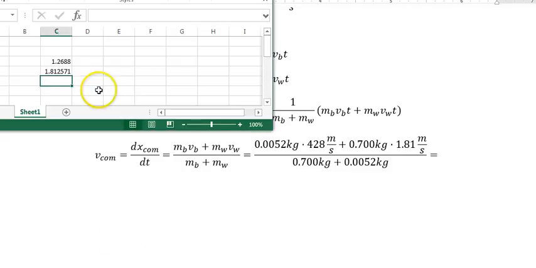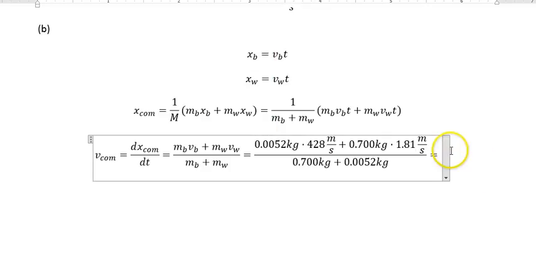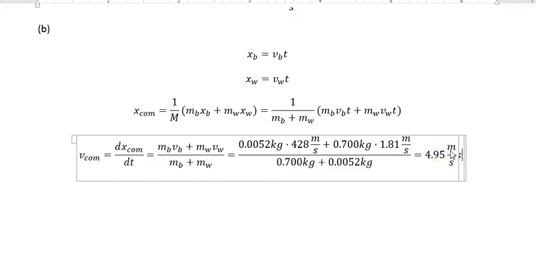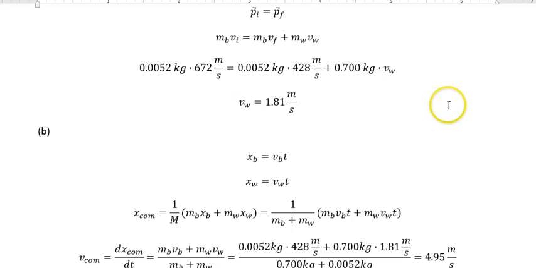All right, let's figure this out. 0.0052 times 428 plus 0.700 times 1.81, divided by 0.7052. So 4.95 meters per second. That is the velocity of the center of mass of the bullet-wood system after the collision.